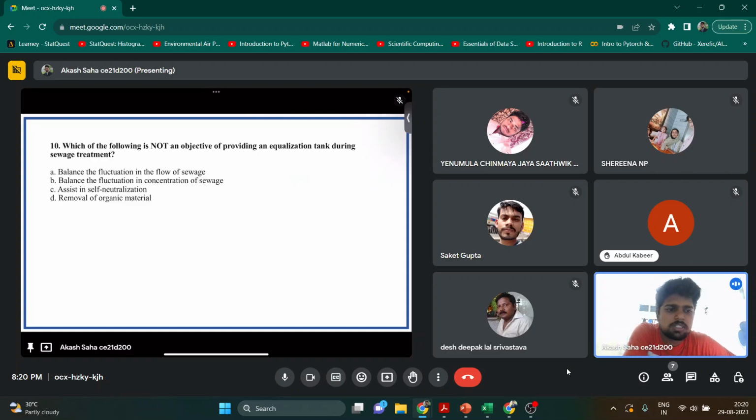Okay, so this is the last question for MCQ. Which of the following is not an objective of providing an equalization tank during sewage treatment? Balance the fluctuation of flow, balance the fluctuation in concentration, assist in self-neutralization, removal of organic material.